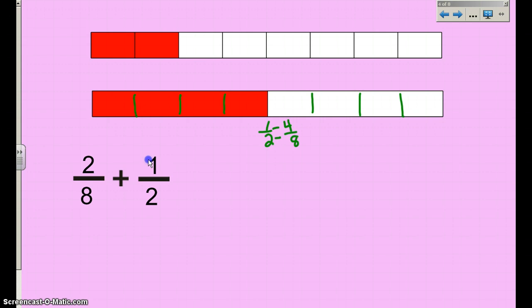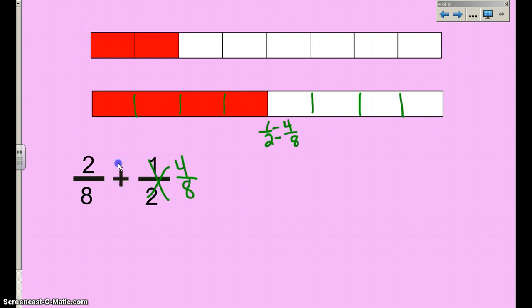So if I just rewrite this fraction in a different way, I'm still naming the same amount. So 4/8 is the same as 1/2. But now look at my denominators. I've got 8 here and 8 here. So now I can easily add.